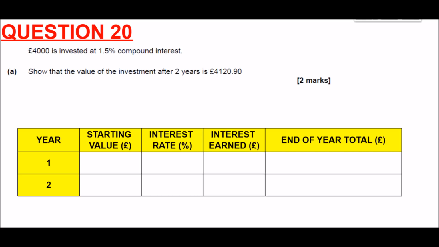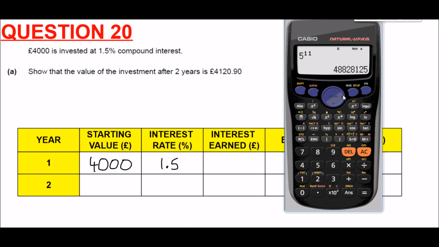And so we're starting off with £4,000, and the interest rate is 1.5%. So we can calculate the interest by doing 1.5% of 4,000. Percentage means out of 100, so 1.5% means 1.5 out of 100.